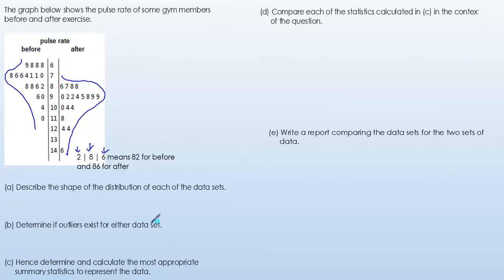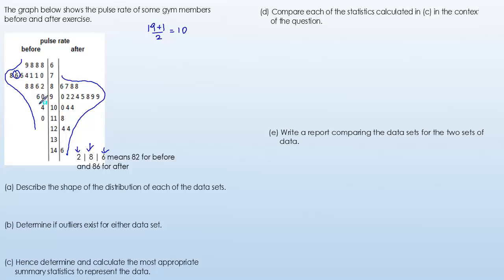Determine if outliers exist for either data set. So let's look at how much data is here. 1, 2, 3, 4, 5, 6, 7, 8, 9, 10, 11, 12, 13, 14, 15, 16, 17, 18, 19. So 19 add 1 divided by 2 gives me 10. The 10th piece of data is the median. 1, 2, 3, 4, 5, 6, 7, 8, 9, 10.